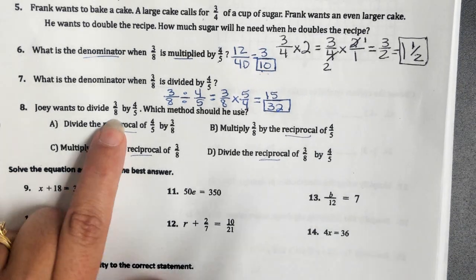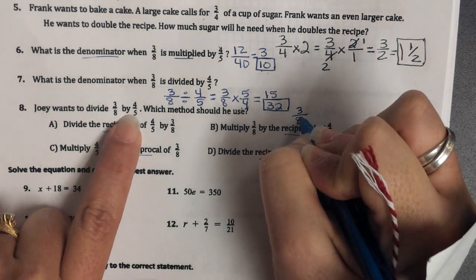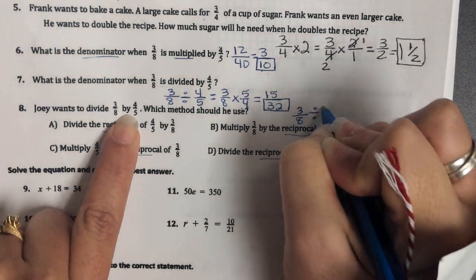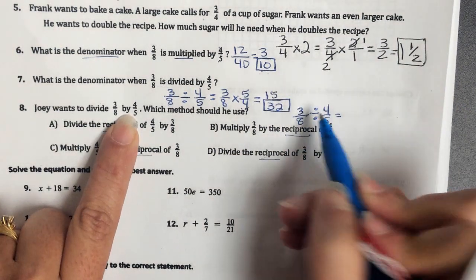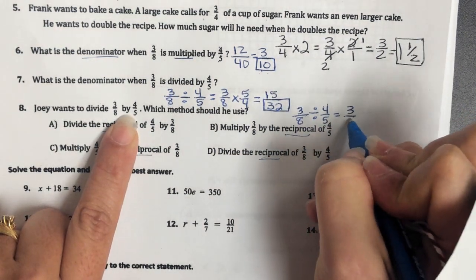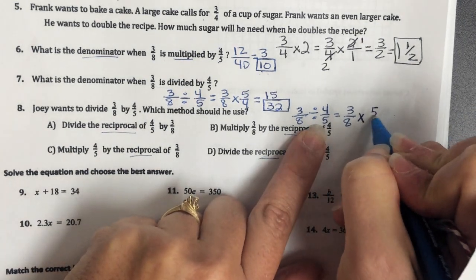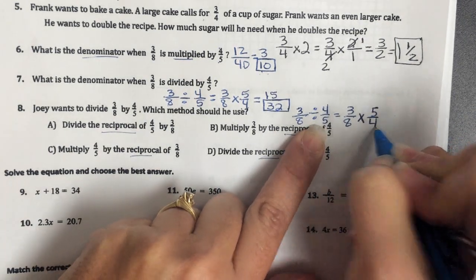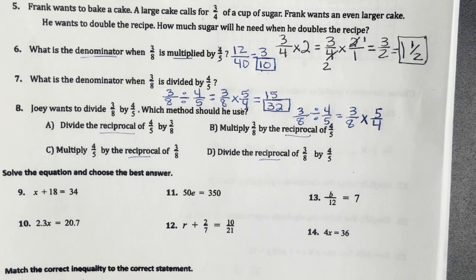What I would do first is write down the problem. I'm not saying solve the whole thing, but maybe look at it as, what if I flip this? I would keep the 3/8, change it to multiply, and flip it over to 5/4. Which fraction did you reciprocal? The 3/8 or the 4/5? 4/5.